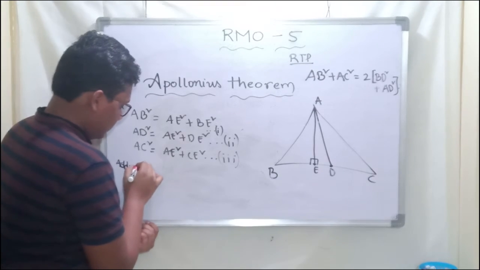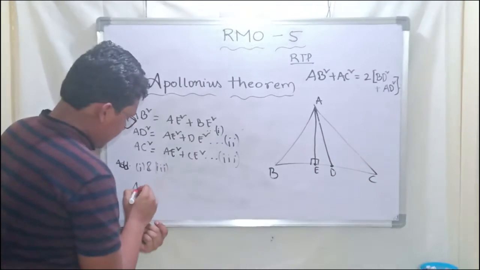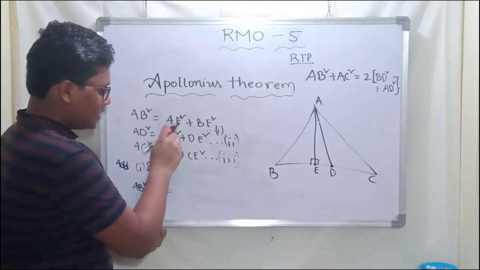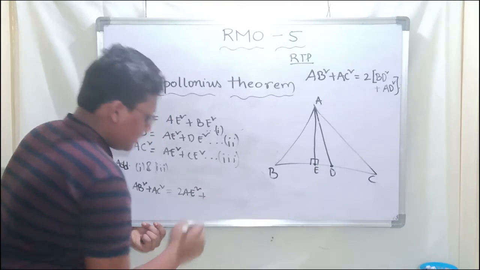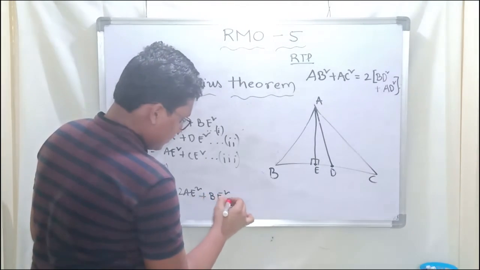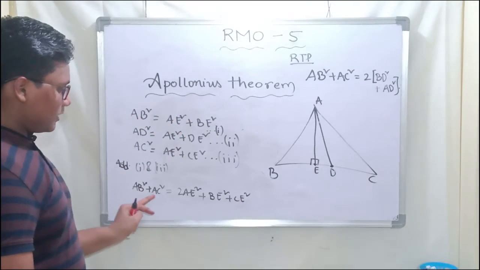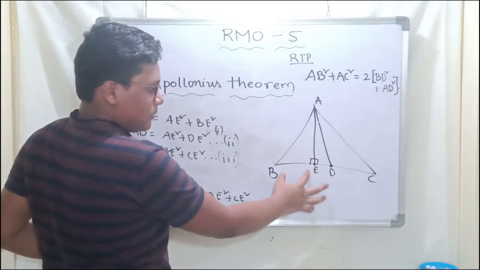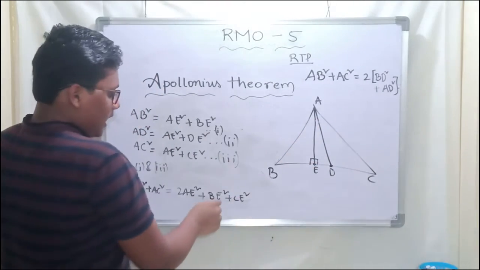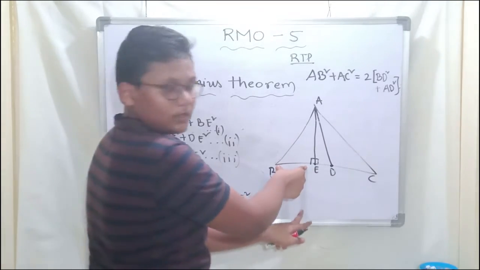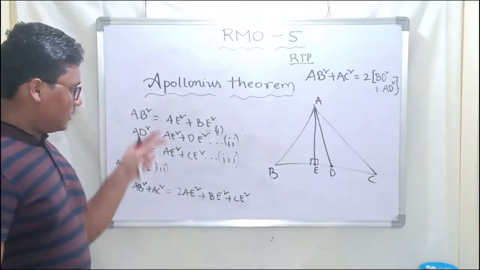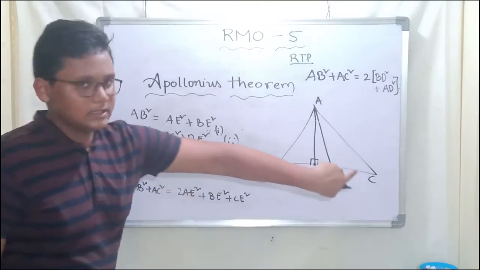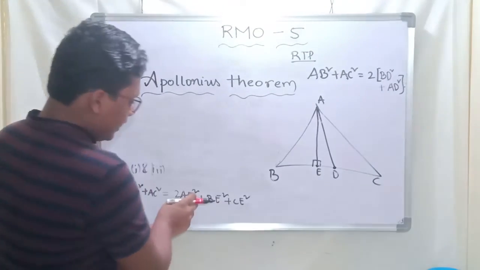AB square plus AC square is equal to AE square plus AE square, that is 2AE square, plus BE square plus CE square. So by adding equations 1 and 3, AB square plus AC square is equal to 2AE square plus BE square plus CE square.